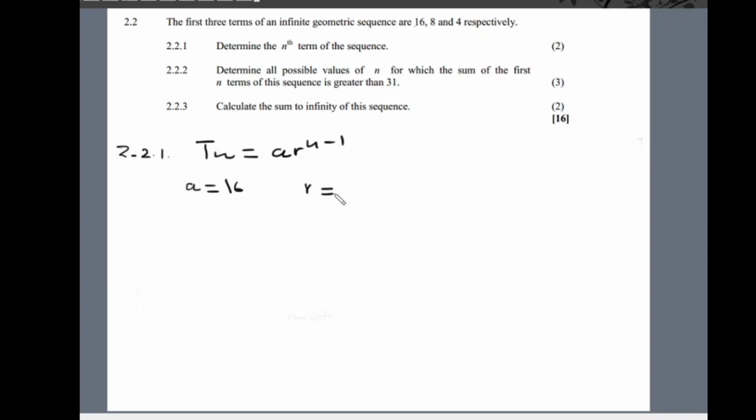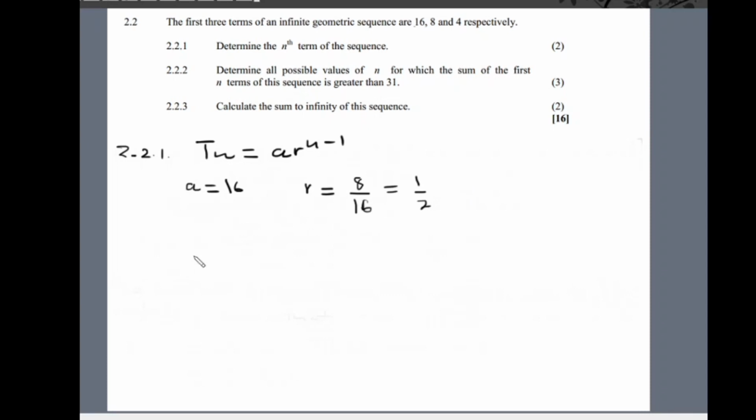Then we can calculate the common ratio by taking the second term divided by the first term. So the second term is 8 divided by the first term 16, the common ratio is equal to 1/2, right?